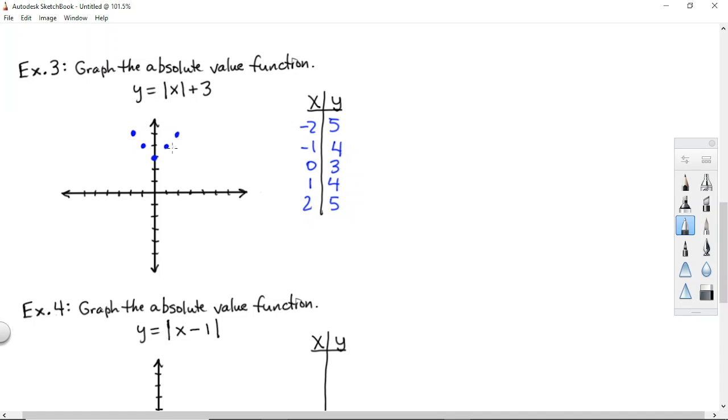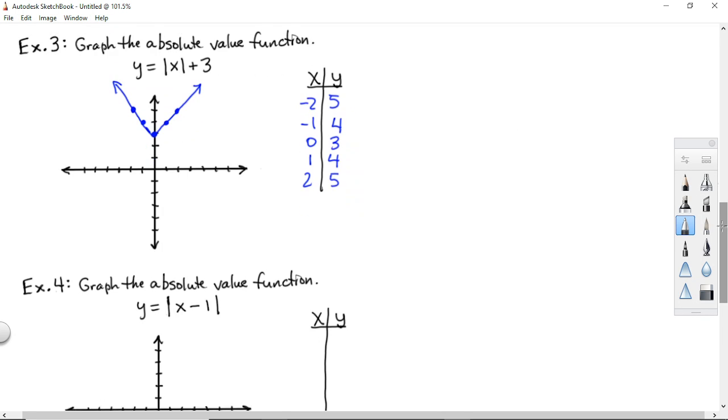So we plotted the points. Looks like that. Okay. So let's look at the next one.